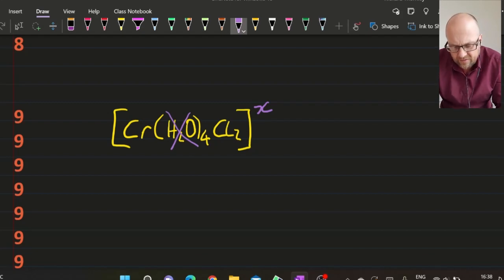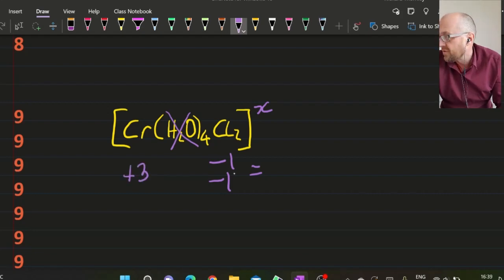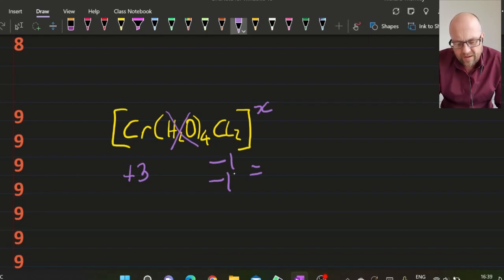If it's going to be a ligand, it's chloride, so that's -1, -1. And so what's the charge of X going to be? Well, what do I know about chromium? I know chromium must be +3. How do I know that? Because it says chromium 3. So 3 - 1 - 1, it's all got to equal X, hasn't it? And so that gives me a +1 oxidation state.